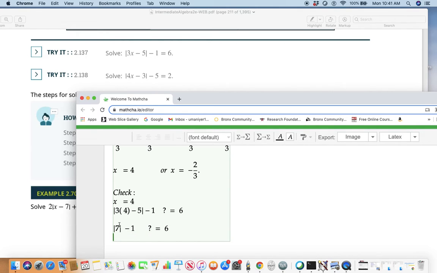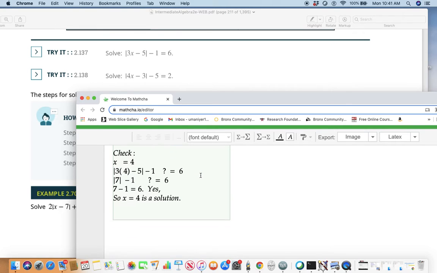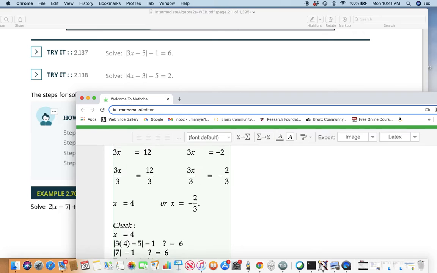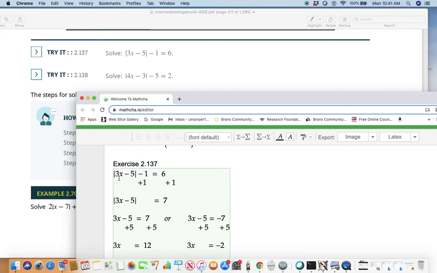Absolute value 7 is 7, minus 1. It is indeed equal to 6. Yes. So what do we say? x equals 4 is a solution. Now we are going to check x equals negative 2/3 in the same absolute value equation, which was here.